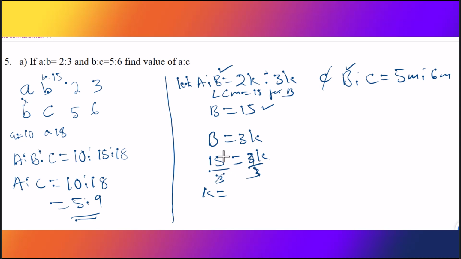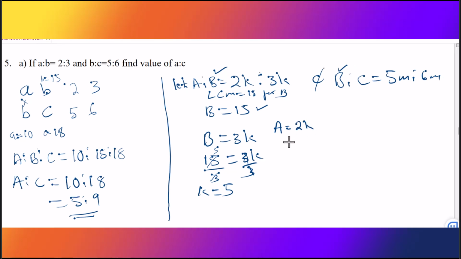We cancel, and we get K equals 5. If K is 5, what is the value of A? A is equal to 2K, so 2 times 5. A is equal to 10.